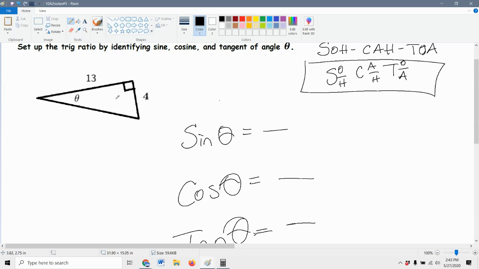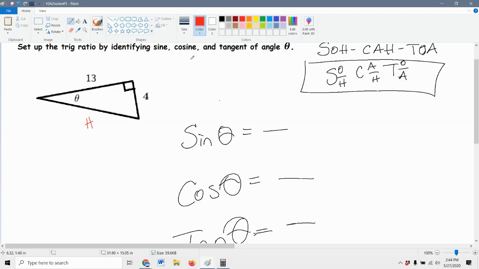Now, let's get started with this particular problem. Of course, what we want to do is label, and you guys are pros at this by now. This long side that's directly across from the 90-degree angle, we label with a big capital H. That's our hypotenuse. These two legs that make up our 90-degree angle, we don't label as legs anymore, do we? We have to distinguish them as either opposite from theta or adjacent to theta.